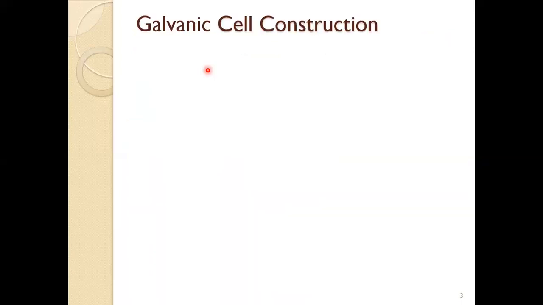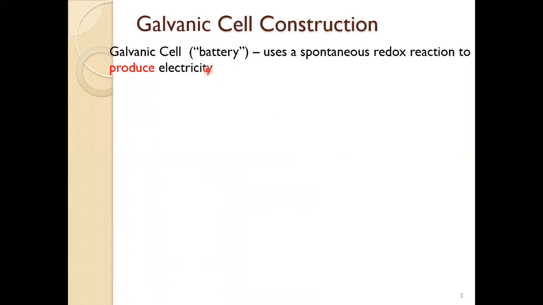So if we want to create a galvanic cell, which is sometimes referred to as a battery because it uses a spontaneous redox reaction to produce electricity. It's sometimes referred to as a battery, but technically a battery is a product that's composed of several galvanic cells. In any case, a galvanic cell uses a spontaneous redox reaction.